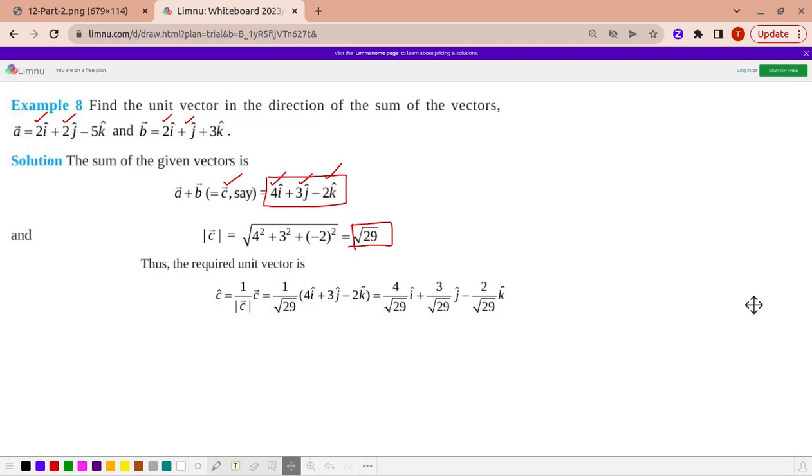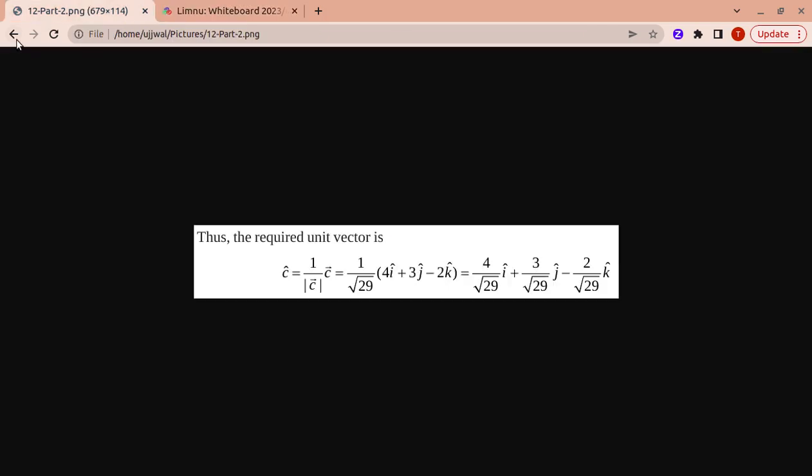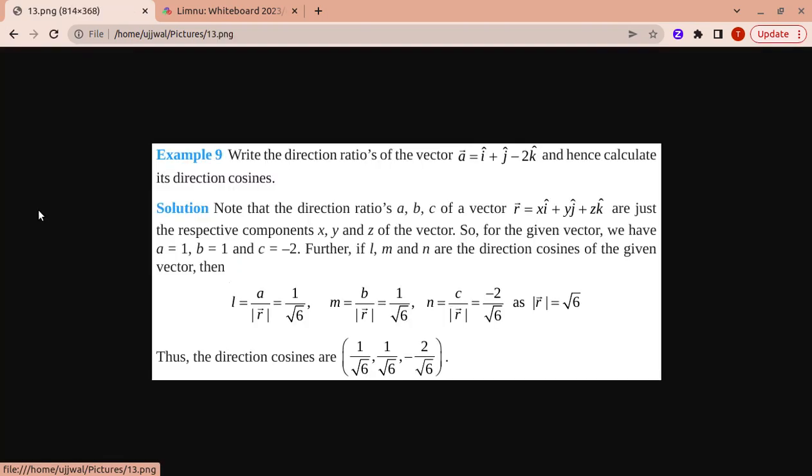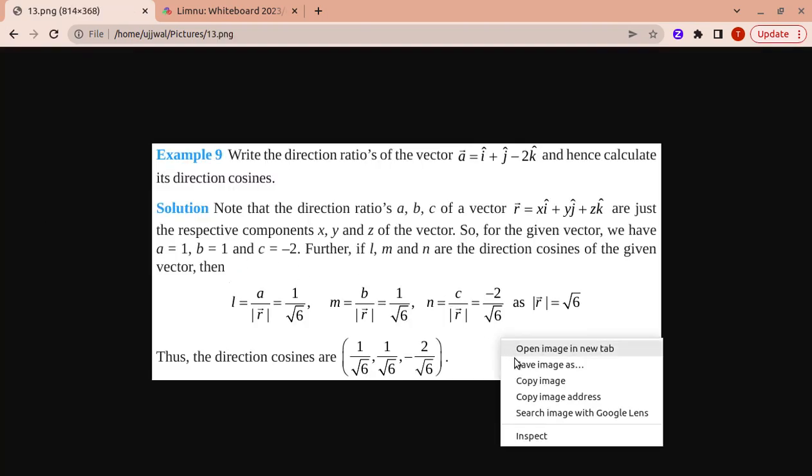So the simple thing is that vector, 4 i cap plus 3 j cap minus 2 k cap, divided by the magnitude of that vector, that is square root of 4 square plus 3 square plus minus 2 whole square, that is actually 2 square. It turned out to be square root of 29. So we divide by this and we get this, and that is the answer to the given question. I hope you got a very clear idea, dear students. So now let me go to the next question.